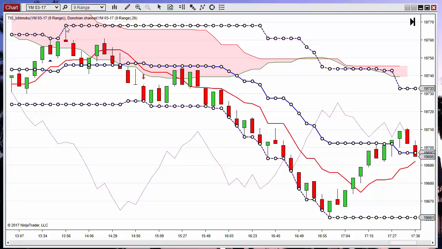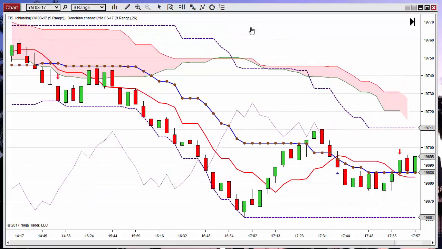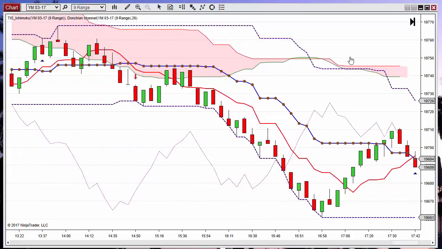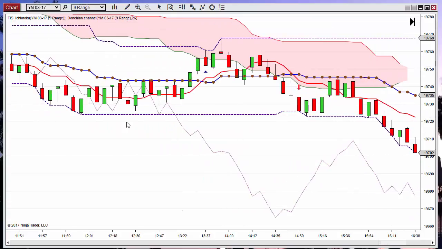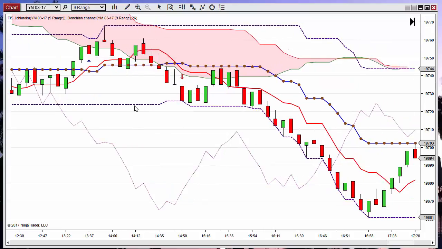So we have the higher high on the upper line, and then it follows each pivot translated to the right 26 bars. The same for the lower line. This is the lower low on the last 26 bars. Then the line that we need, the median line, is the average between two lines.